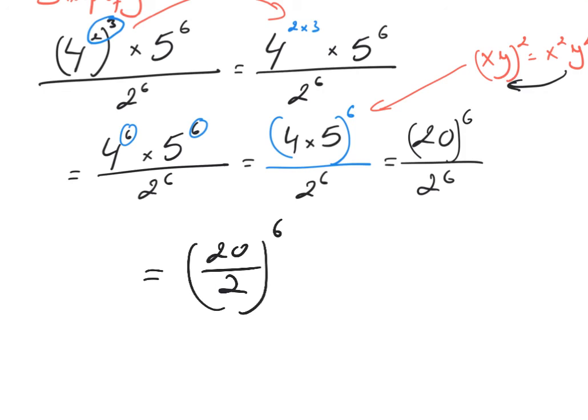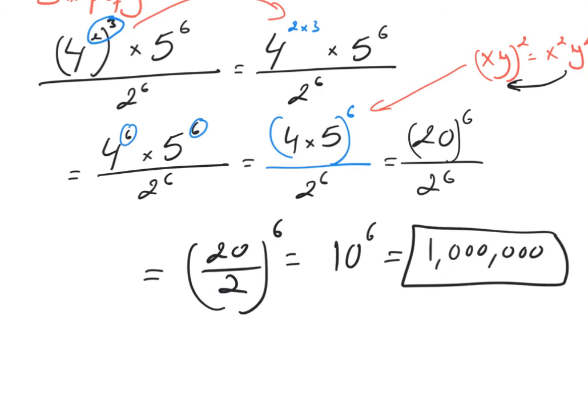So this is going to be 20 over 2, to the 6th power. Before we do this one, we can simplify: 20 over 2 is 10 to the 6th power. And 10 to the 6th power is 1 million, 6 zeros. That's the answer.